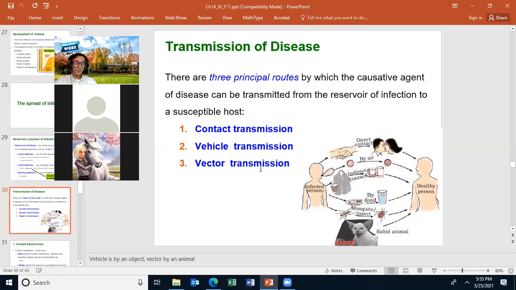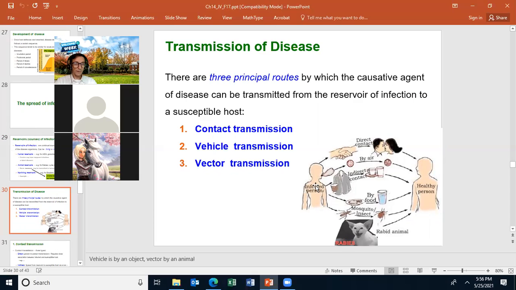That's opposed to vector transmission, where disease is spread to a human by an animal. A classic example of that is when rabies is spread from an animal to a human. But an animal can also spread disease from an infected person to a healthy individual. And I'm trying to think of a good case of that.